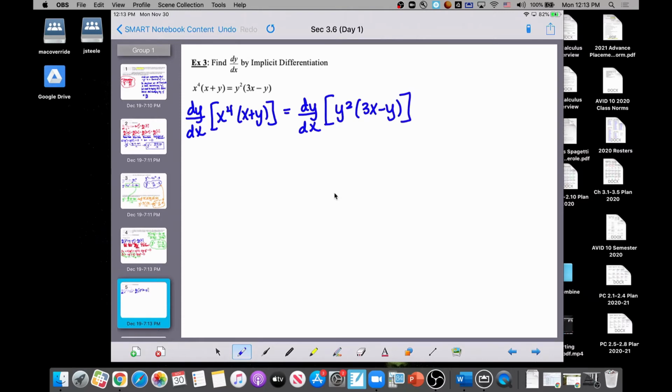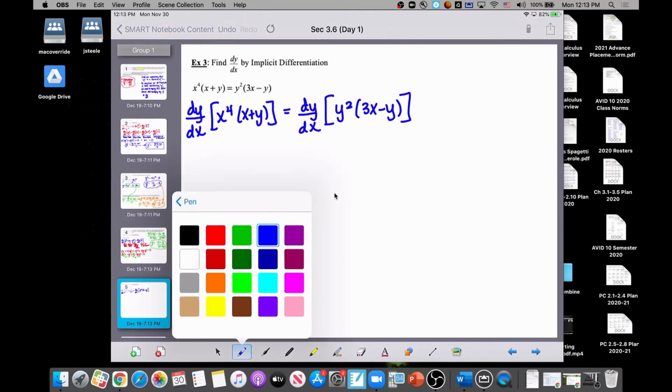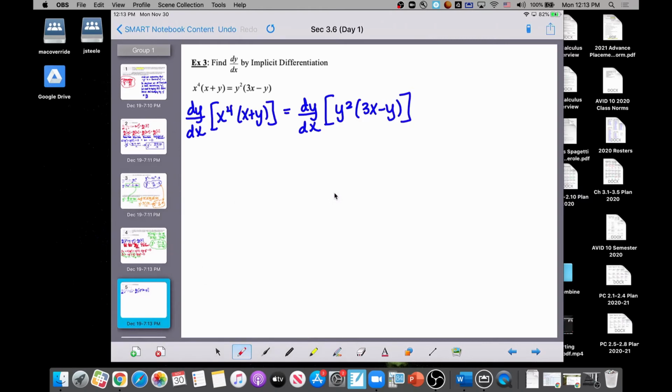And notice that on both sides of the equal sign here, we have products, right? So this here is going to be product rule. And over here, we're going to have product rule, and we're going to have some chain rule.